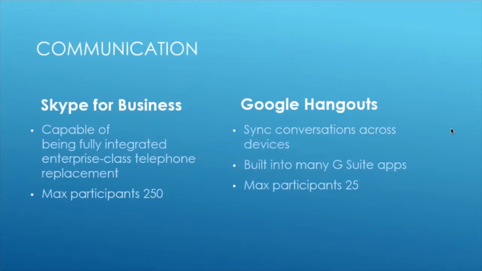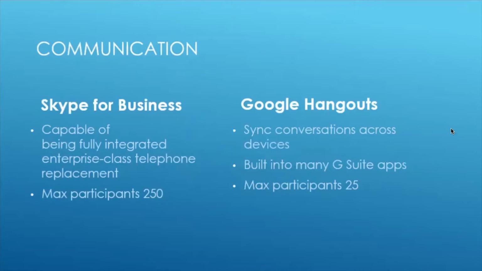Skype for Business is pretty new, and from using it myself, it is fantastic. It's gorgeous. The user interface is very clean, very simple, and very easy to navigate. It is capable of being fully integrated into an enterprise class telephone replacement. So if you wanted to set up Skype for Business to be your enterprise phone system, that is an option with the Office 365 product suite.